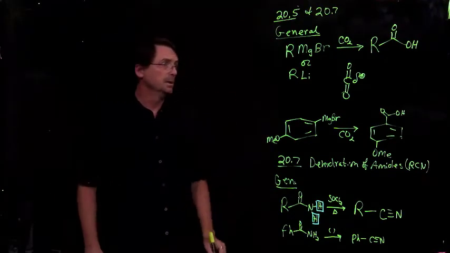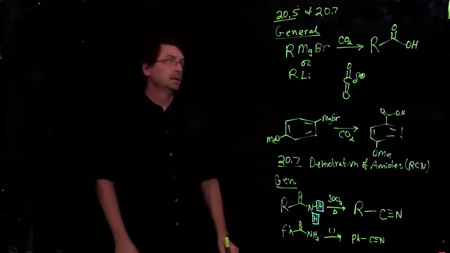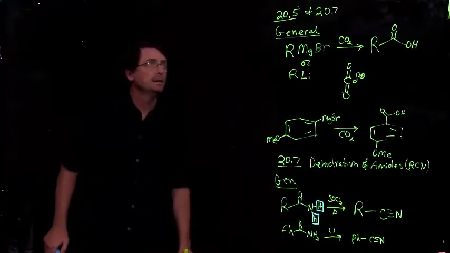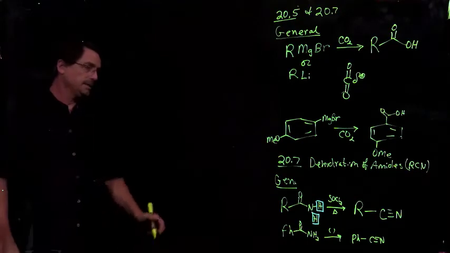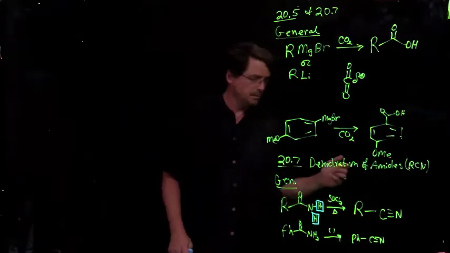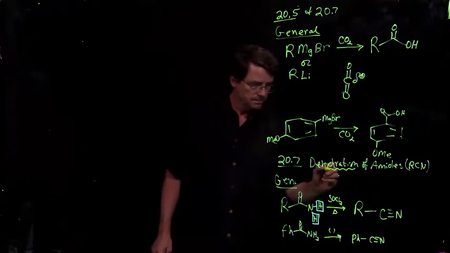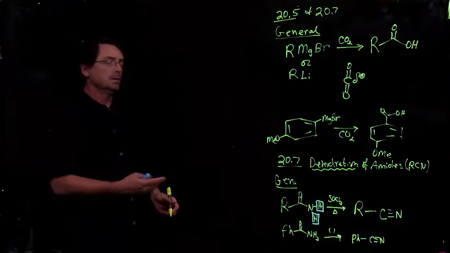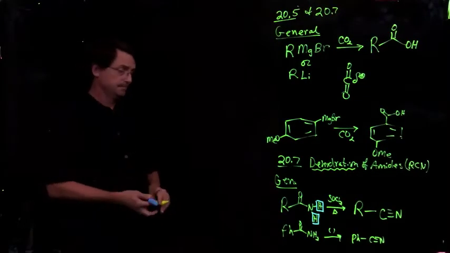Okay, so that's the first reaction in section 20.7. That's how we convert an amide into a nitrile. We do dehydration. So of course, what's the reverse?